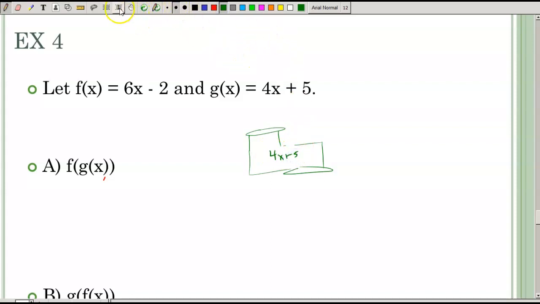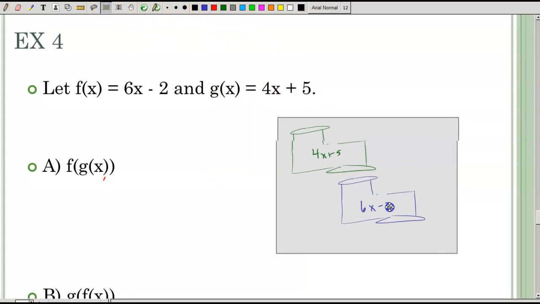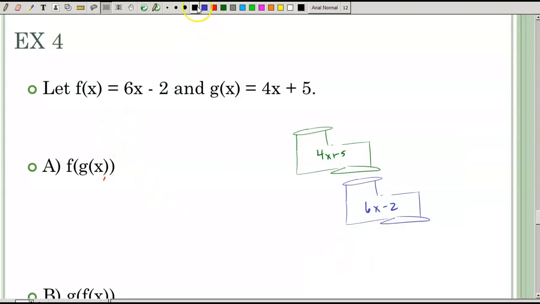And then the function after that is f of x, which is 6x minus 2, and I'll put that in blue, 6x minus 2. So the visual of this looks like this. I'm taking g of x right here, I'm starting with that, and then whatever that output is, I'm going to plug that into f of x, which is this right here.